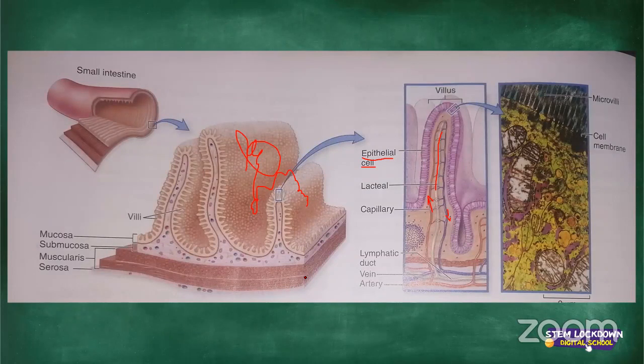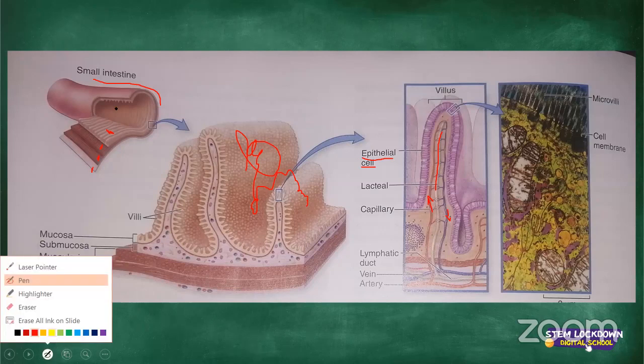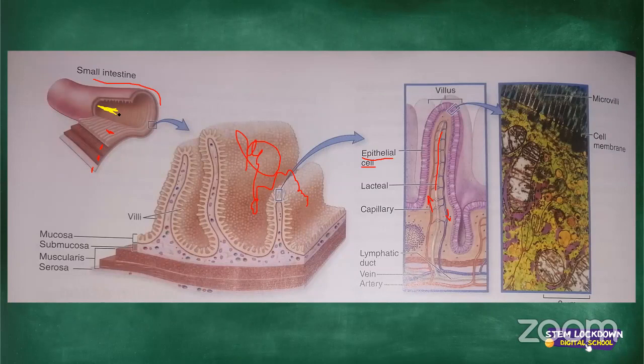Okay. Remember I said that this is our small intestine, right? That is the tube, the alimentary canal tube. So here we have our serosa, we have our muscle layer, we have our submucosa, and we have our mucous layer. By the mucous layer, remember, this is where we'll have the chyme coming in from the stomach and in the intestine, and we'll have released digestive juices and enzymes here, right?